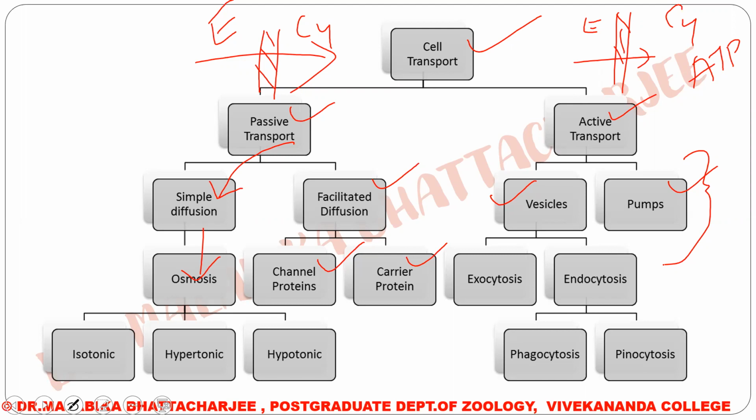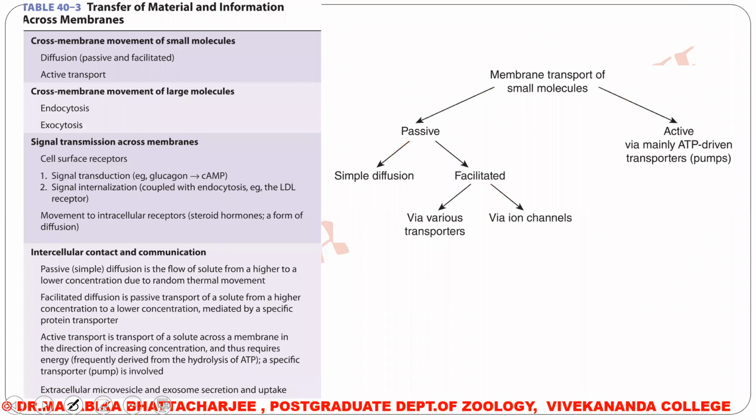But vesicle formation takes place, and there can be exocytosis and endocytosis. Exocytosis, as I said, is throwing out of cellular material from the cytoplasm to the outside. Endocytosis is engulfing of materials from the outside to the inner side of the cell. So this is about the cellular transport.